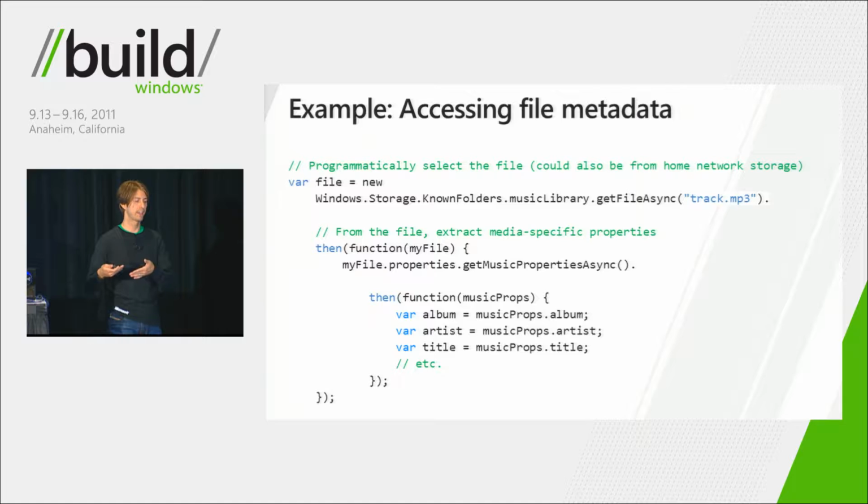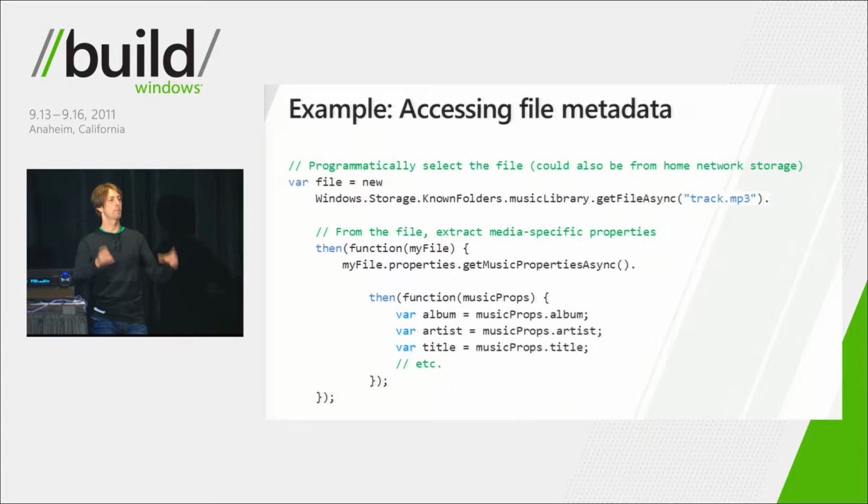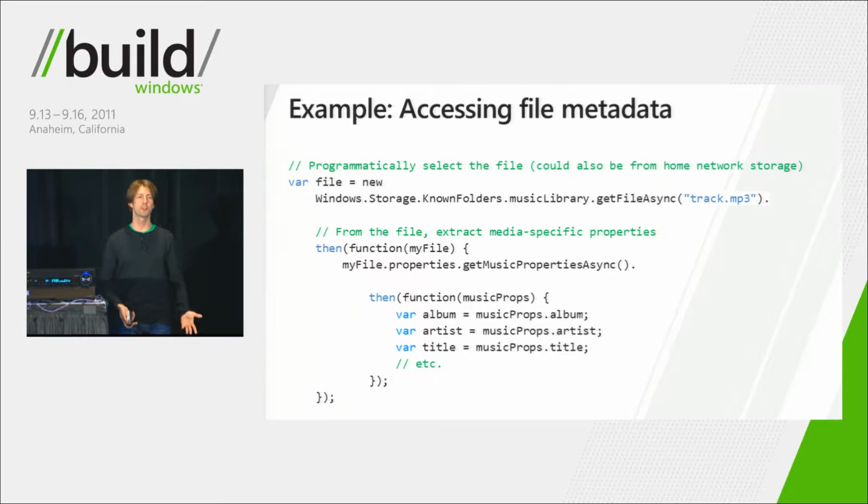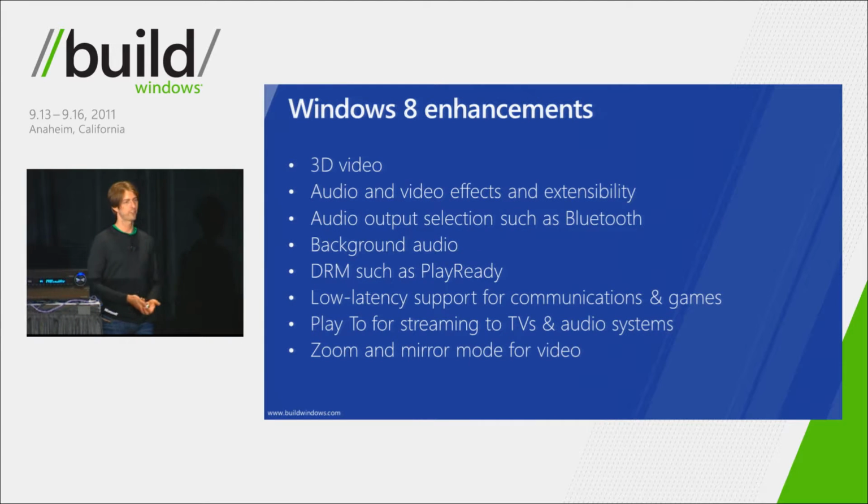So I can look at each of album, artist, title. These are things that you saw in that application. You can pull out the rich metadata. You can pull out the thumbnail for that file in order to display some album art or a frame inside of that video to show to users as the poster inside of a video element, for example. So this is very, very simple. This is very straightforward to do these things, right? So those are 3 very basic things for how you can access files.